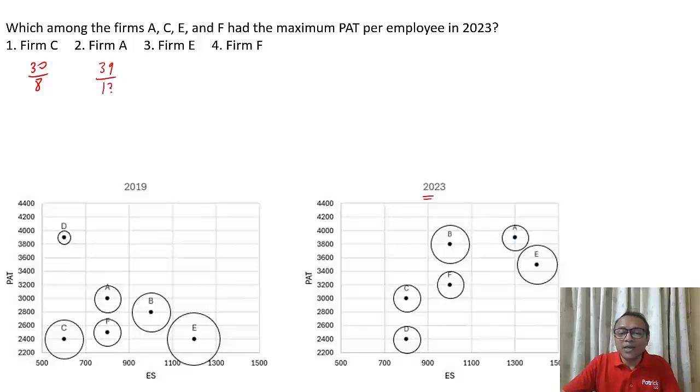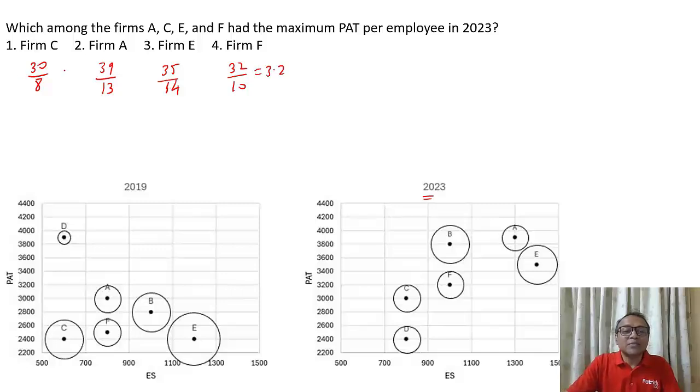PAT per employee, 39 upon 13. Firm E is 35 upon 14. And firm F is 32 upon 10, so this is 3.2.